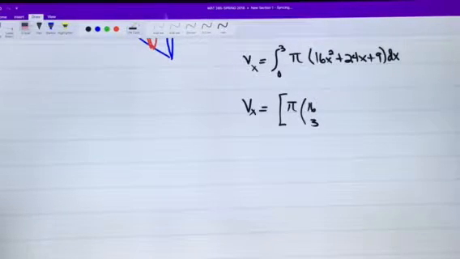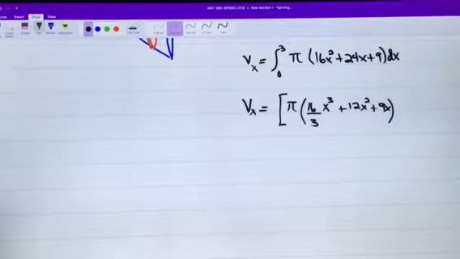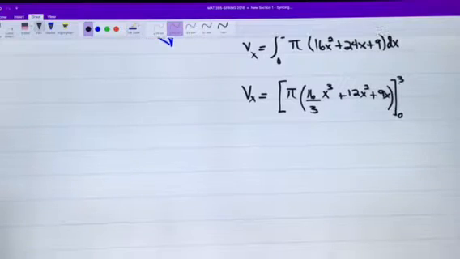For the antiderivative of 16x squared, I have 16 thirds x cubed, plus 12x squared, plus 9x, again as x goes from 0 to 3.